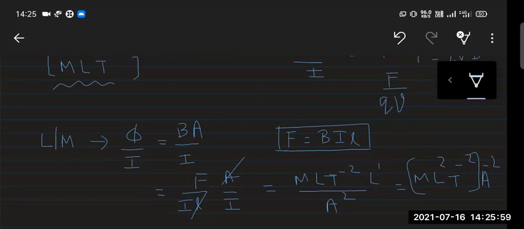So let's move ahead. Okay, fine. Now let's consider what is mutual inductance.